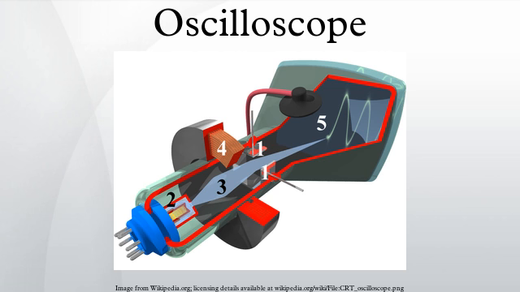Related instruments. A large number of instruments used in a variety of technical fields are really oscilloscopes with inputs, calibration, controls, display calibration, etc., specialized and optimized for a particular application.